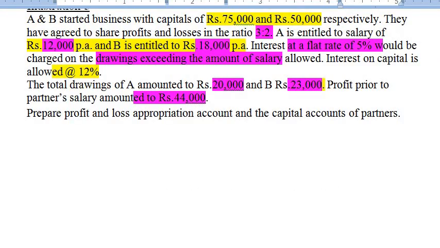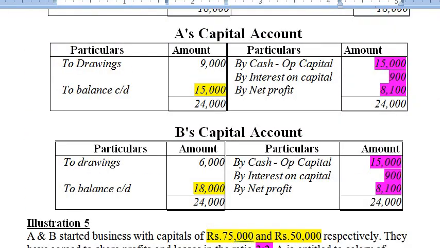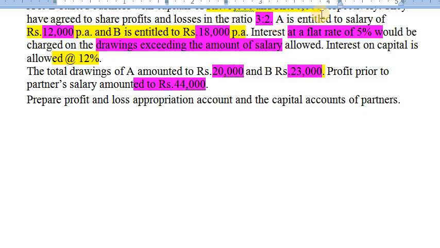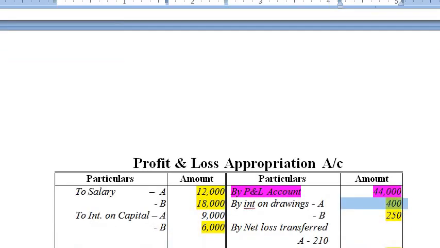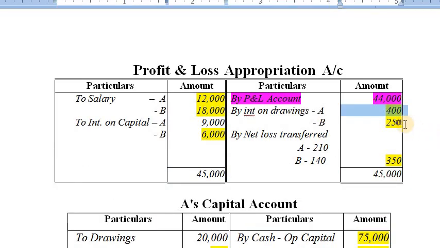Look at this. 5% on 8,000. I'm not explaining what this 8,000 is. 5% of 8,000, and B is to pay interest 5% on 5,000. 5% on 8,000 is 400. 5% on 5,000 is 250.